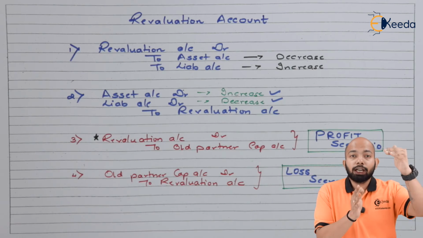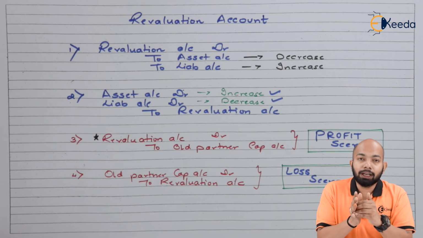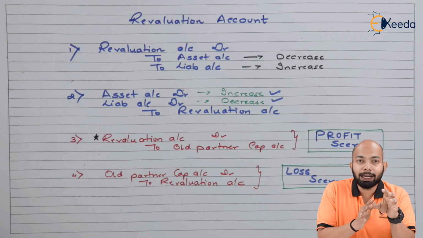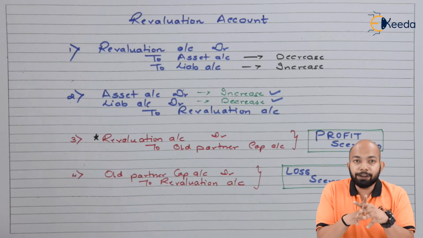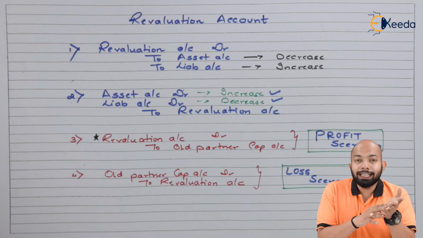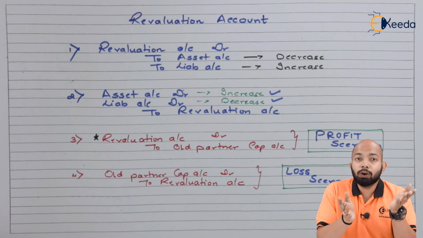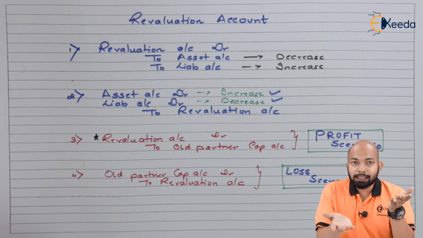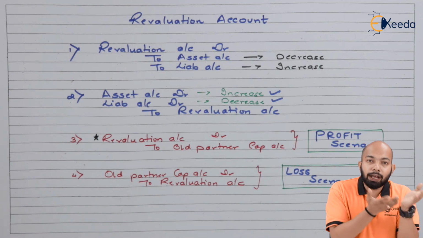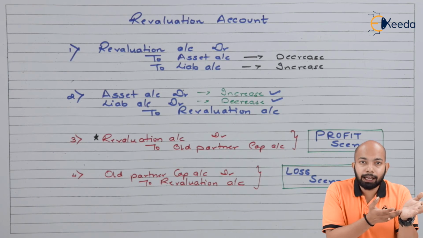This entry is supposed to be passed when there is a profit, that means the credit side is more as compared to the debit side. So the credit side will be on the higher side, the debit side on the lower side. So revaluation account debit, that is a profit scenario.